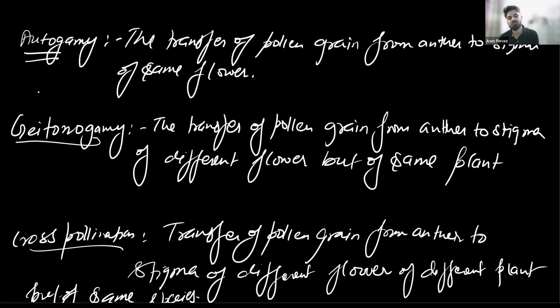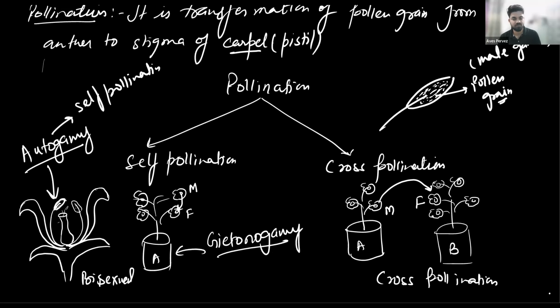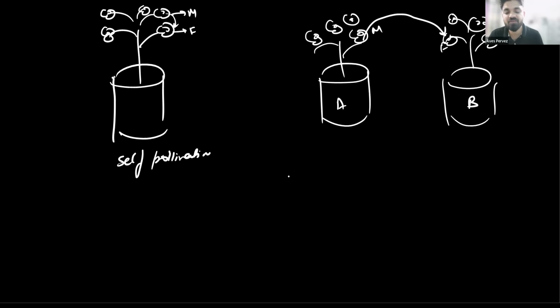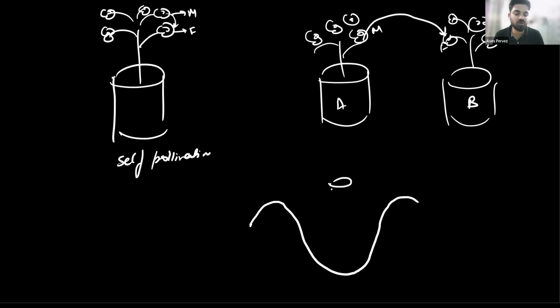So note down the previous slide. Okay. Sometimes if a flower is bisexual and we need to do the cross pollination in that flower, what do we do?